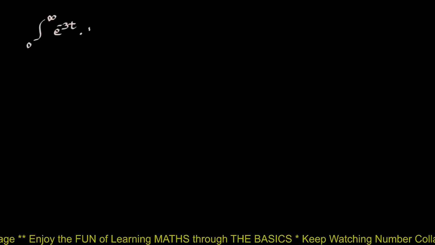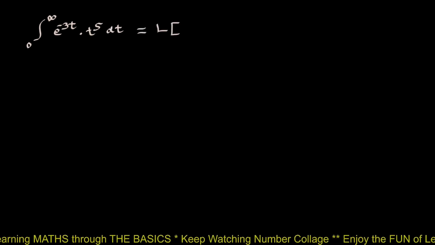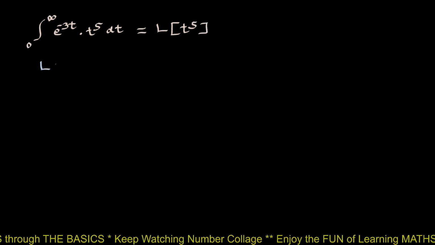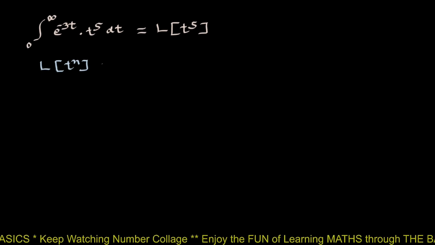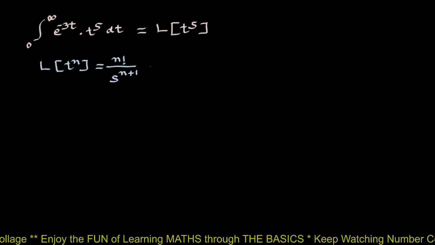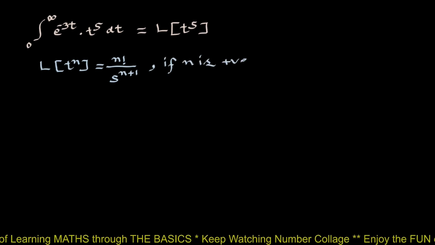Evaluate the integral from 0 to infinity of e raised to minus 3t into t raised to 5 dt, which is nothing but the Laplace transform of t raised to 5, and we have the Laplace transform of t raised to n equals n factorial upon s raised to n plus 1 if n is a positive integer.